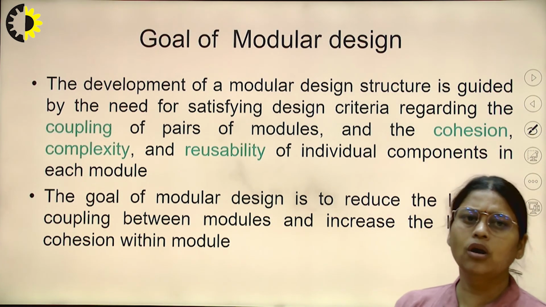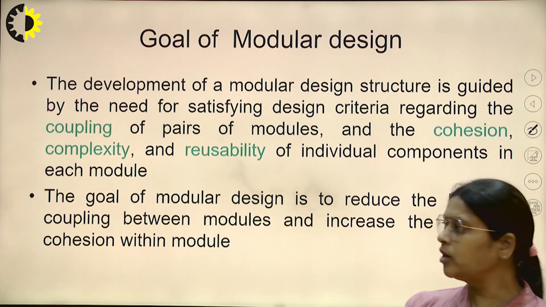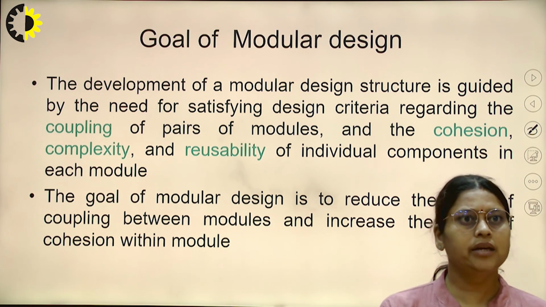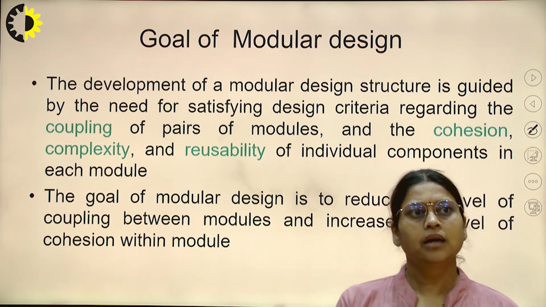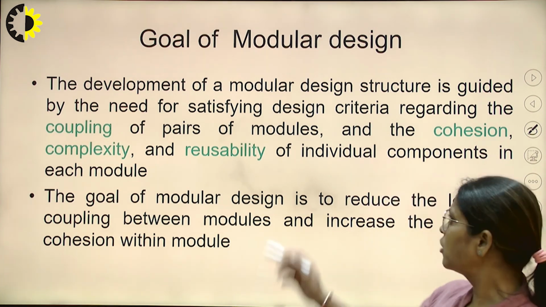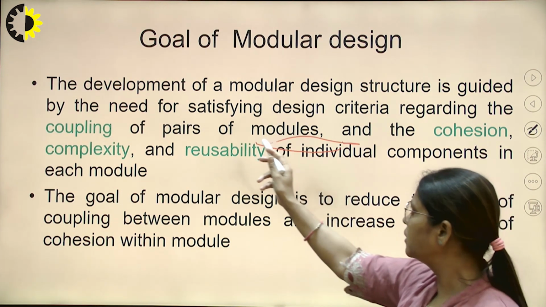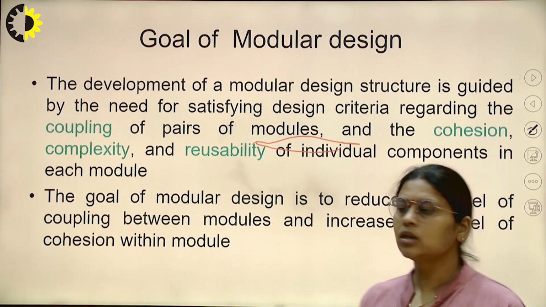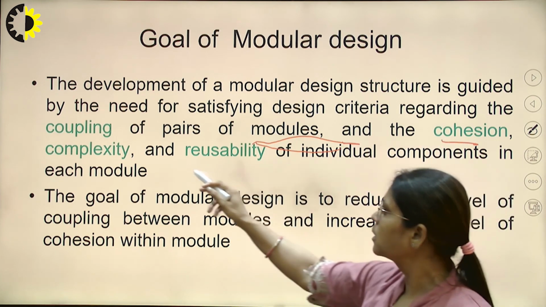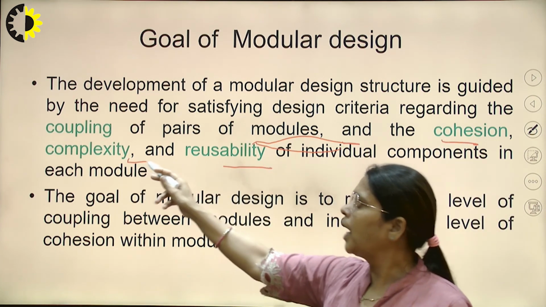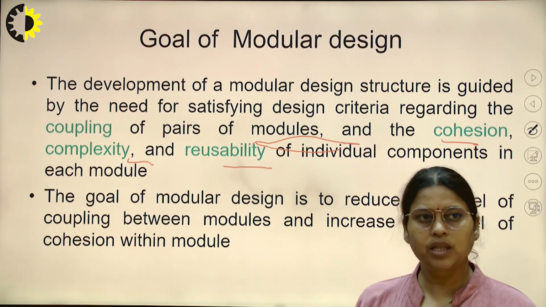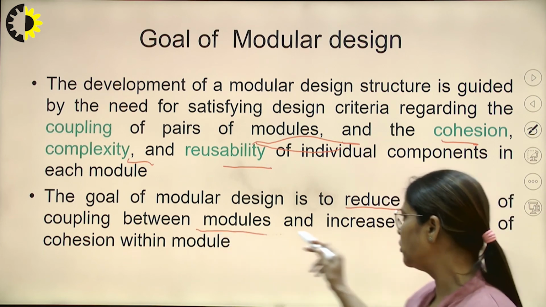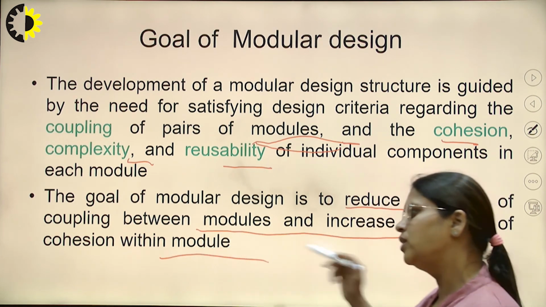Now the goal of modular design: the development of a modular design structure is guided by the need to satisfy the design criteria regarding the coupling of pairs of modules. As I have already told you, we show the dependency between modules or within modules. So we show cohesion, complexity, reusability and coupling within and between the modules. The goal of modular design is to reduce the level of coupling between modules and increase the level of cohesion within the module.